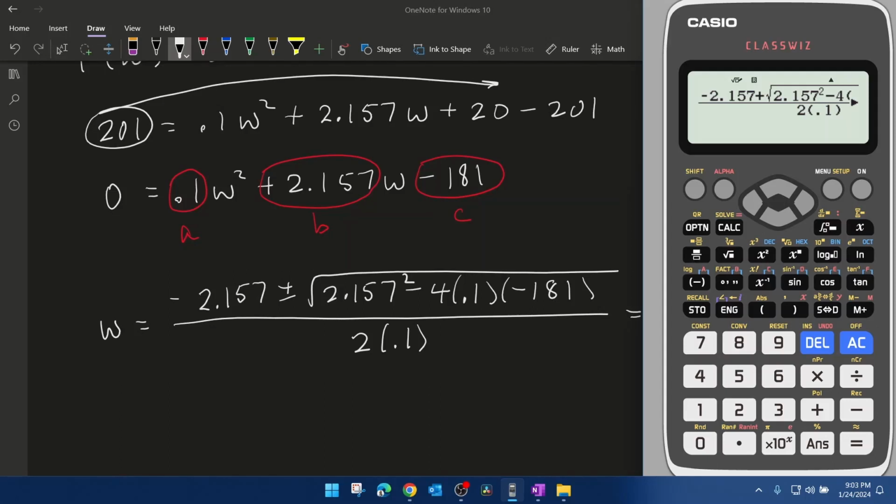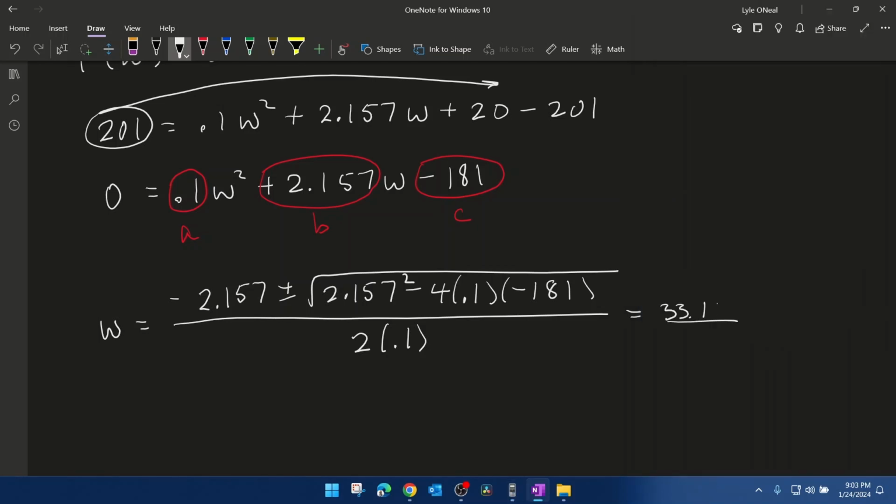And then with my calculator, making sure I switch back to a plus, all I have to do is edit my value from 182 to 181. And I'm going to get 33.10 is my lower w. Let's call that w1.